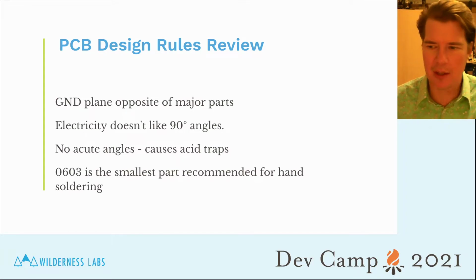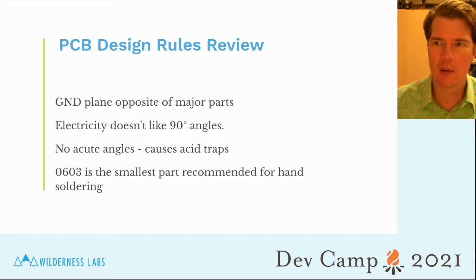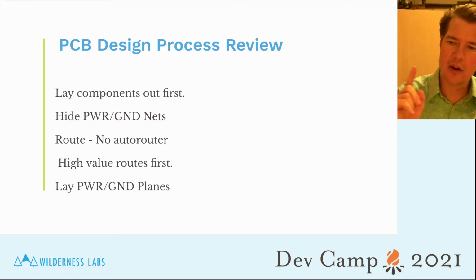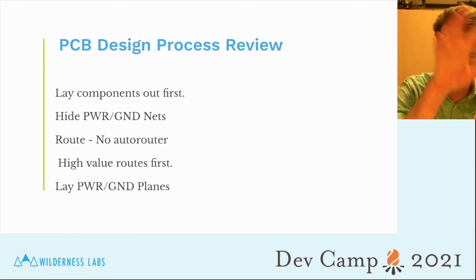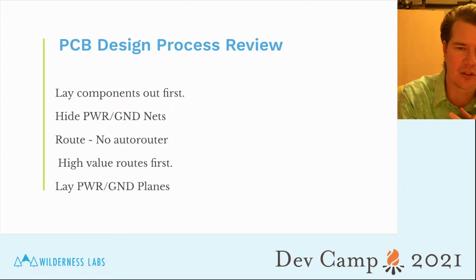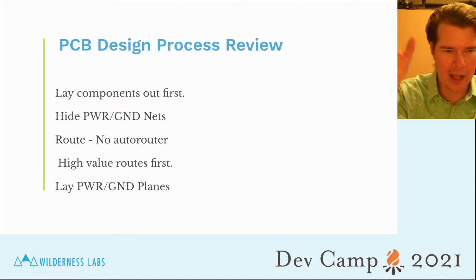If you've got a machine that does the component placement, then you can use whatever size you want. And in terms of the process, lay out your components first, get them in the right spot, do your high value components first, and then the stuff around them. Hide those nets so that you don't see all the power and ground rats.